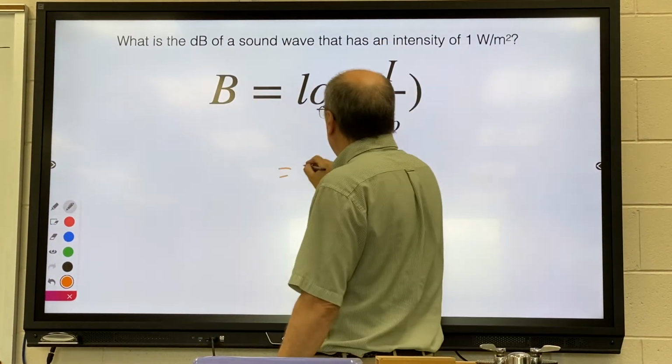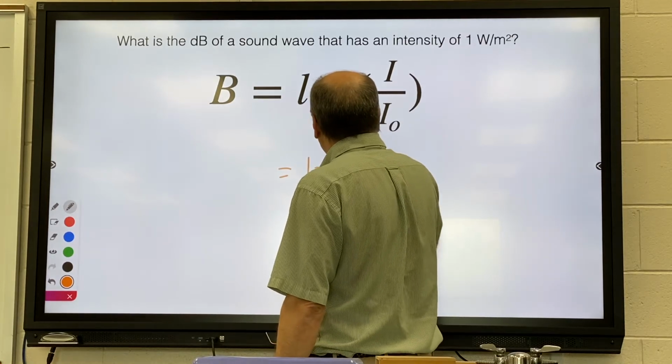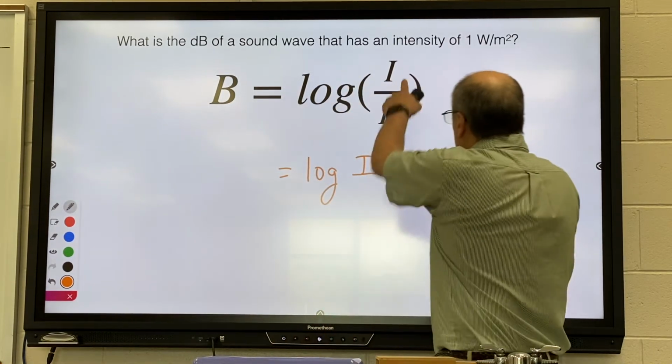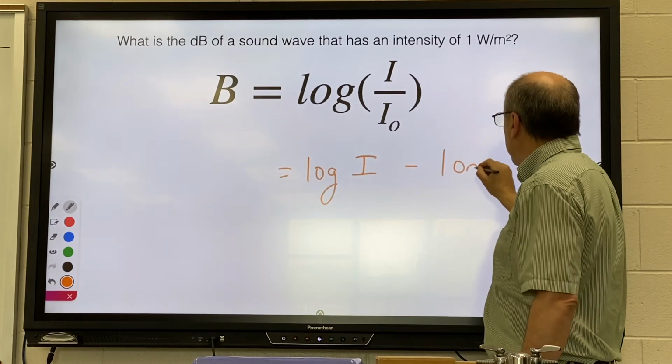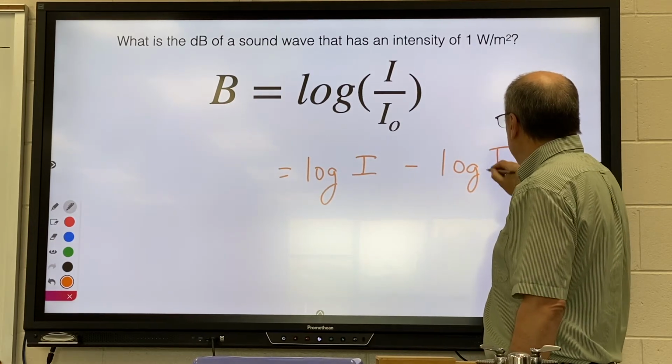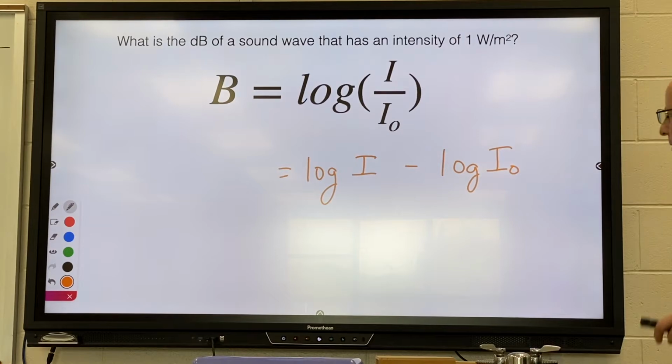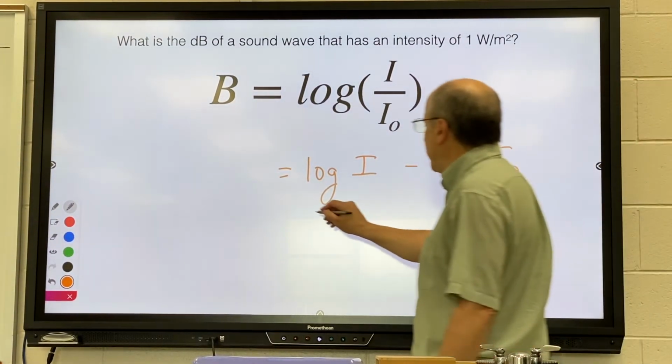Remember, from our log identity, sometimes it might be easier, since we're doing a division, to do the log of the top number minus the log of the bottom number. The bottom number will never change.